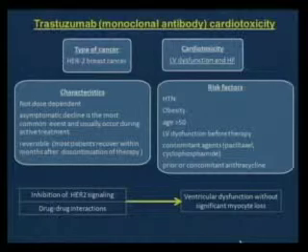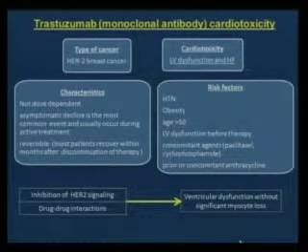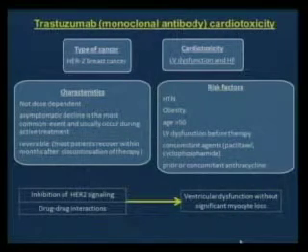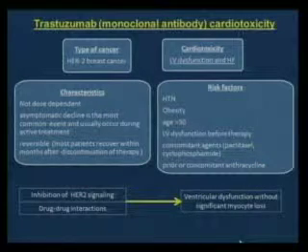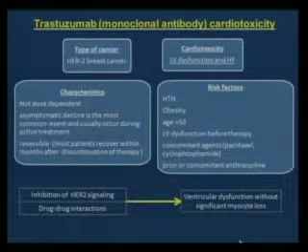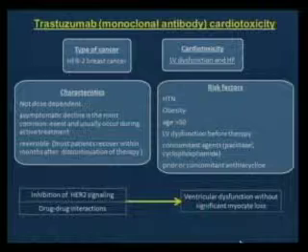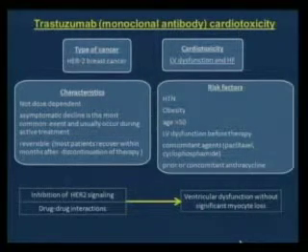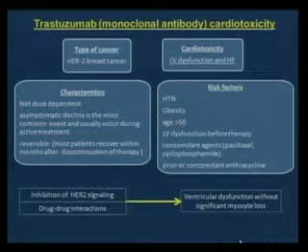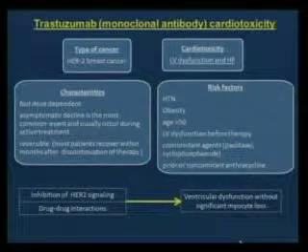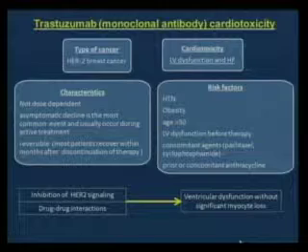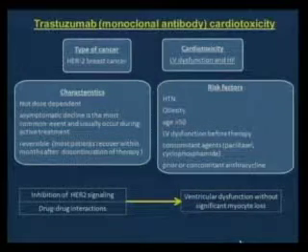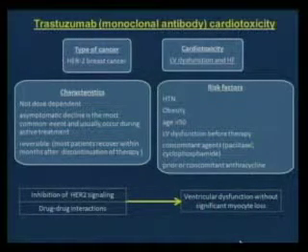Risk factors, again, we need to know this so you can plan in advance. Somebody already having pre-existing risk factors, age more than 50, obesity, pre-existing hypertension, pre-existing LV dysfunction from whatever reason, and other agents that you're going to use along with Trastuzumab, you have to keep that in mind. That person is going to be at high risk. How does it occur? Pathogenesis: inhibition of HER2 signaling in myocytes leads to injury.